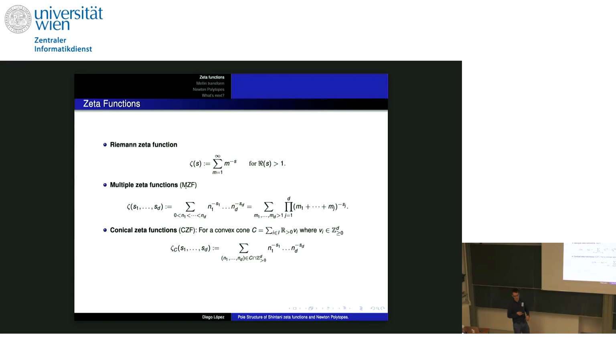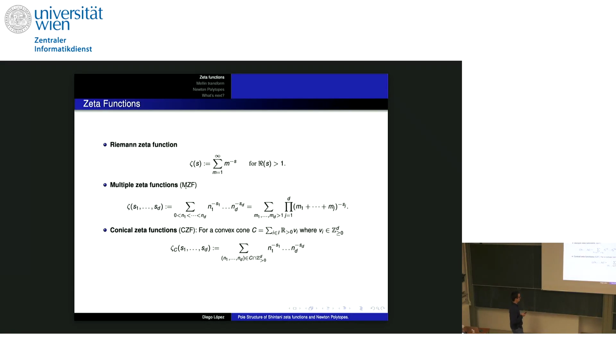It has a domain of absolute convergence, and it was proved in 1999 by Zhao that it admits a meromorphic continuation, and later, in 2000, the precise pole structure of such multiple zeta functions was proved by Akiyama. Sorry, I'm terrible with Japanese last names. Yes, thank you very much.